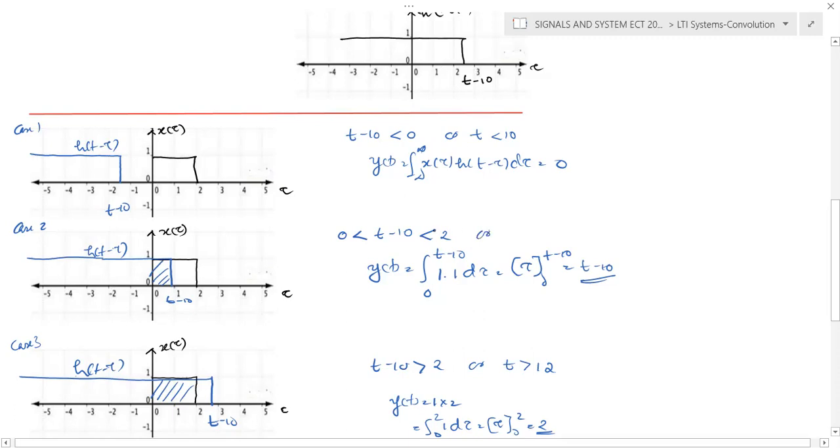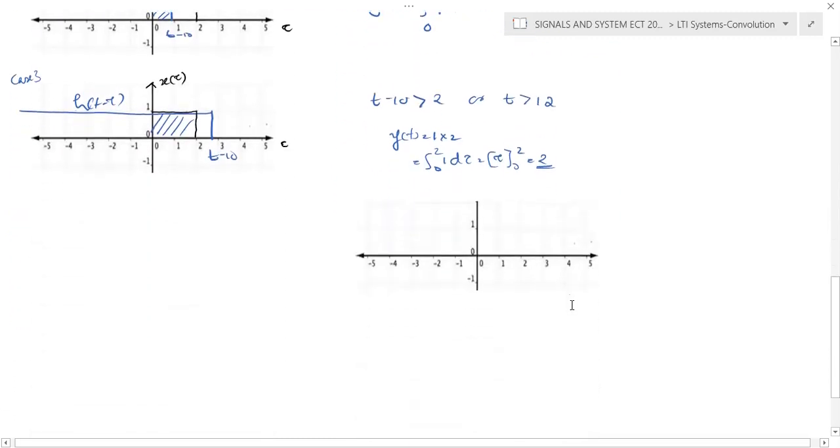Here you can write the limits simply: t minus 10 greater than 0 means t is greater than 10, and t minus 10 less than 2 means t is less than 12, because we already evaluated all these limits. So between 10 and 12, you will get t minus 10. For all other values, t greater than 12, you'll get 2. So this is the final result.